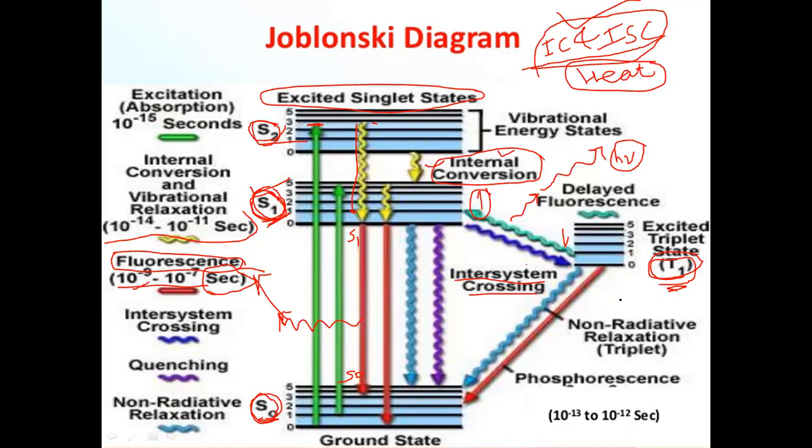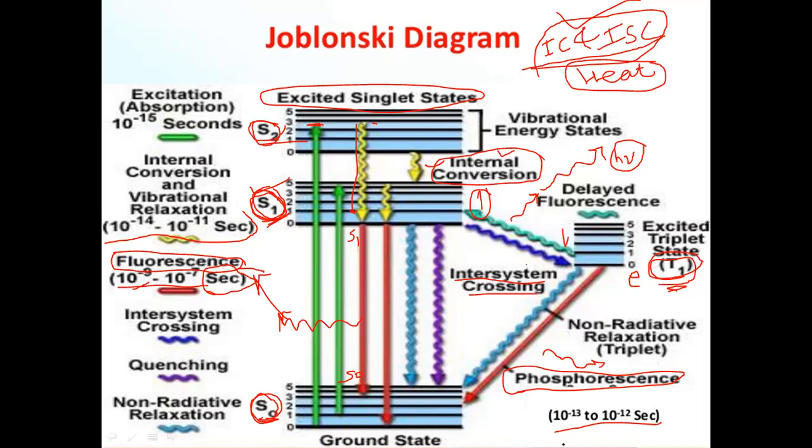Okay. And when this electron comes from the triplet excited energy level to the ground state energy level, it loses radiation in the form of light, which is known as phosphorescence. It takes somewhat larger time than fluorescence.